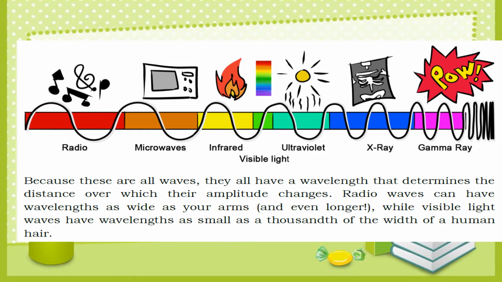So you have the radio, microwaves, infrared, ultraviolet, the X-ray, gamma ray, which is the color violet. If you try to look at the wavelength of the color violet, the smaller the wavelength, the higher the energy.